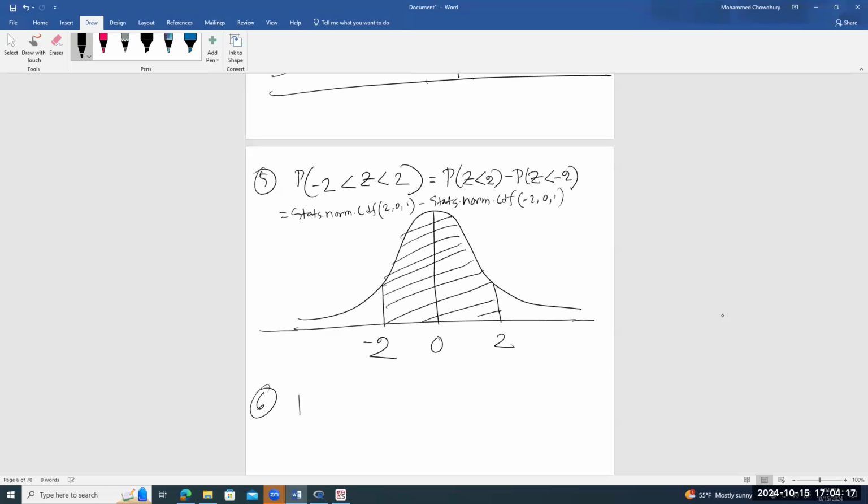Similarly, I can find only the negative part, -2 less than z less than -1.